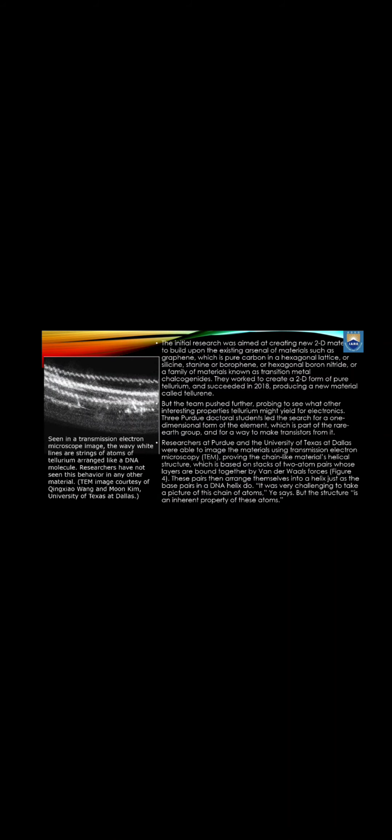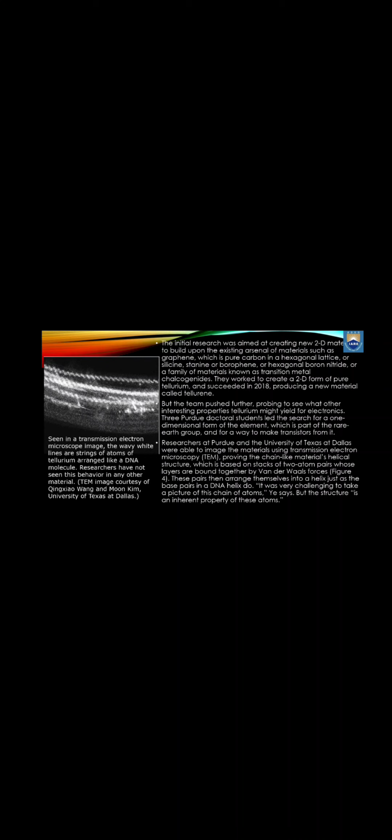The initial research was aimed at creating a new two-dimensional material to build upon the existing essential family of materials such as graphene, which is pure carbon in a hexagonal lattice, or silicene, stanene, or phosphorene, or hexagonal boron nitride, or a family of materials known as transition metal chalcogenides.